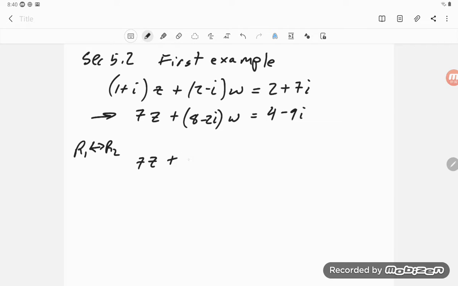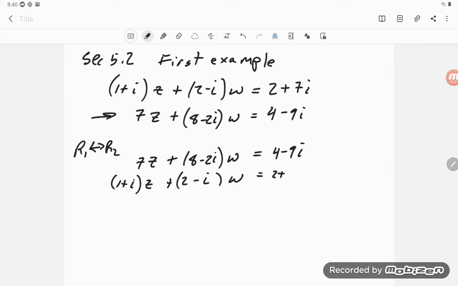Okay, so 7z plus 8 minus 2iw is equal to 4 minus 9i, and (1 plus i)z plus (2 minus i)w is 2 plus 7i. And now I'll divide through.